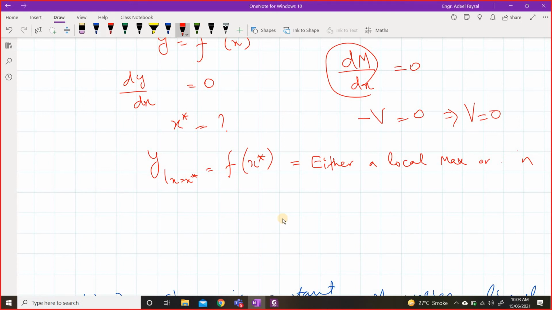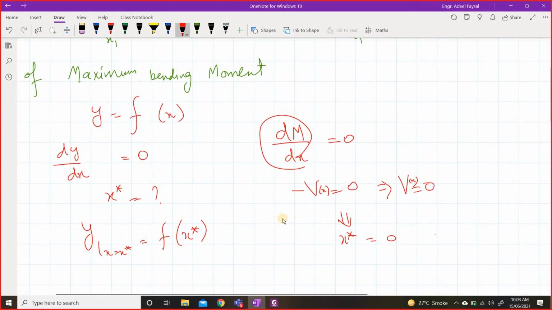Then find the value of x from this equation. Let's call that value of x, x star. Keep in mind that v is a function of x. M and v both are functions of x, just as y is a function of x, so its derivative will also be a function of x. Alright, you can understand these things.